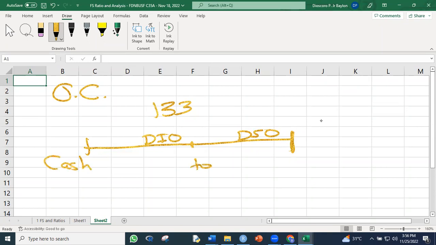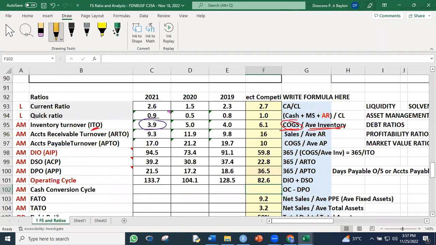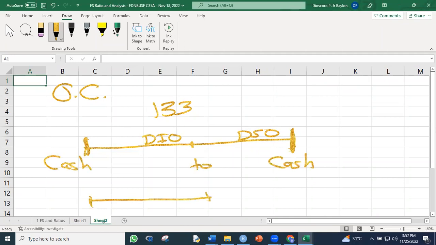Cash to cash. Bakit cash to cash? Naglabas ng pera para makakuha ng raw materials, etc., gumastos, and then makukolect dito. 133 days. On the other hand, our direct competitor is doing it for how many days? Ilan? 83 days. Diba? So, DIO nila and DSO, pag inadd natin yan lahat, 83 days.